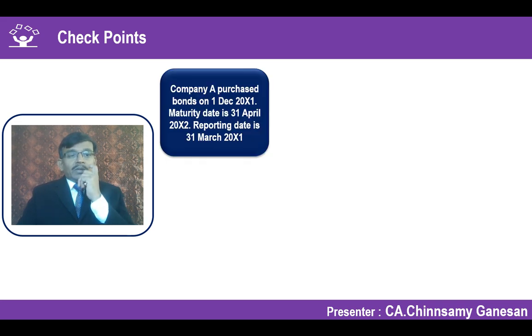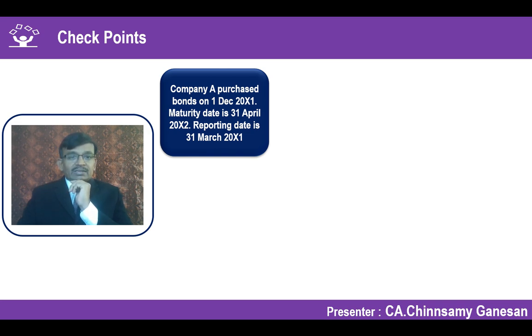Okay, so this example is also again with respect to cash and cash equivalent. For example, the company has purchased a bond on 1st December 2000, and the maturity date is next year 31st April, and the reporting date is 31st March.